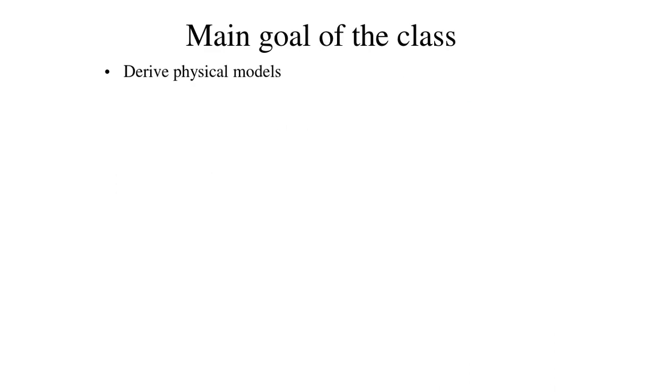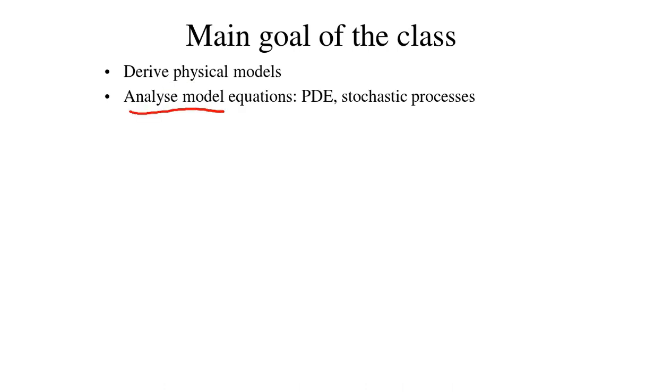So what's the goal of the class? Derive physical models from the biology. We would like to analyze the model equations, and this usually means solving partial differential equations or stochastic processes. Let me give you an example.